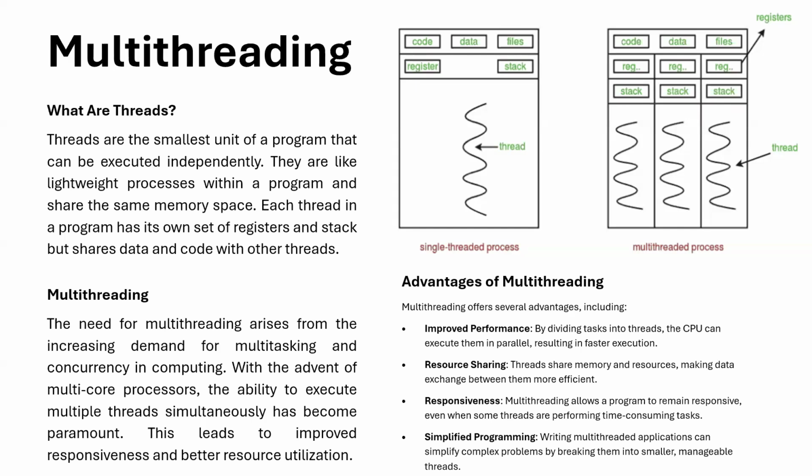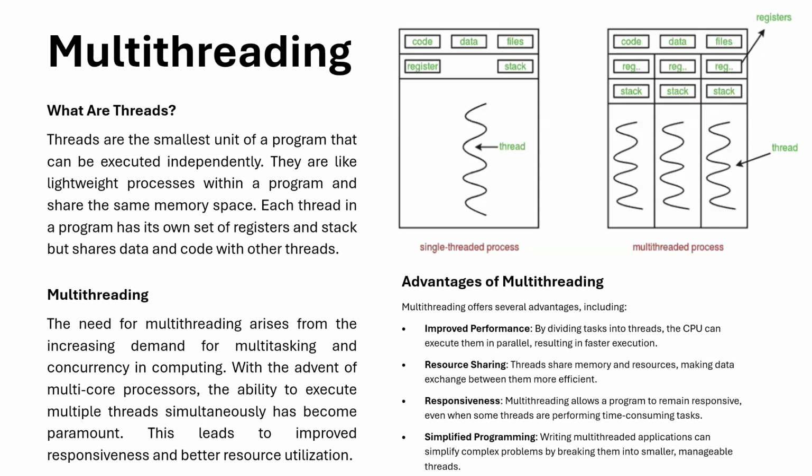In that case, if you check the diagram very well, the only thing a thread has uniquely is the register and the stack. But all the threads in a particular task will share the code, the data, and the file, because it's a task. So that's what we call multi-threading.